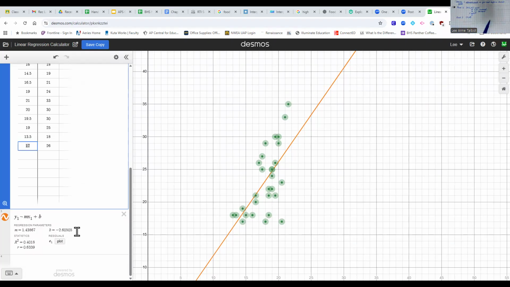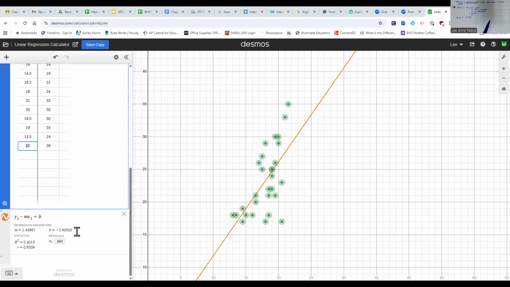Okay, so what I really want you to think about is our line was kind of like this, and then it tipped up. It went up on this side and got a little bit flatter. It tipped this way.